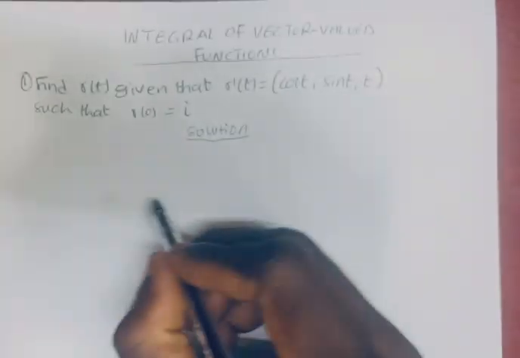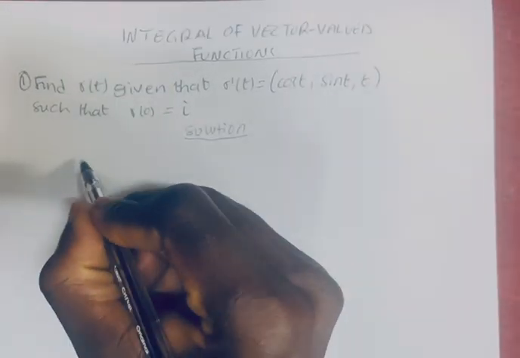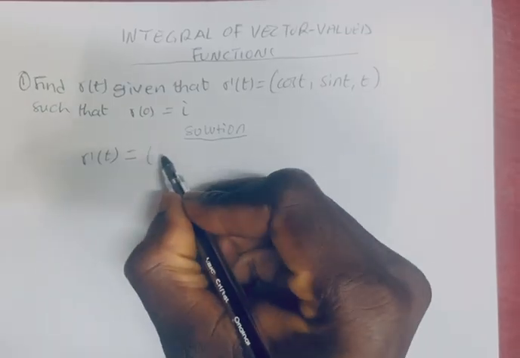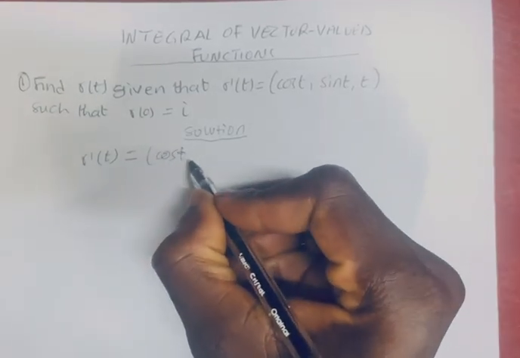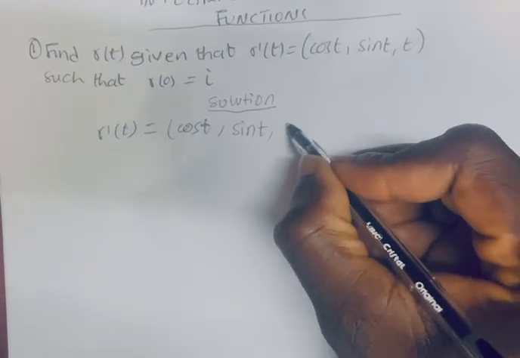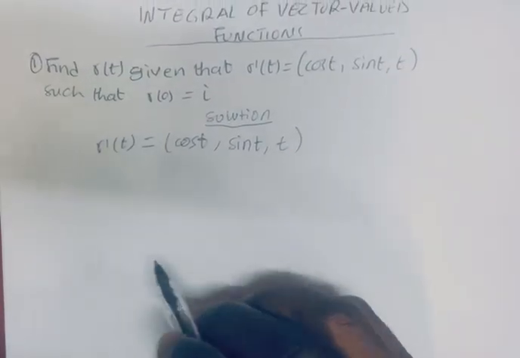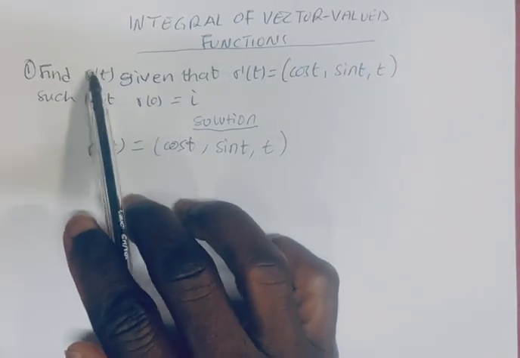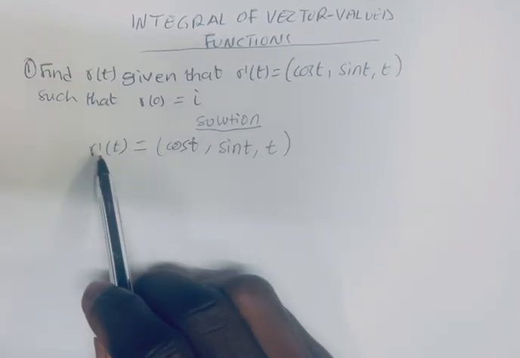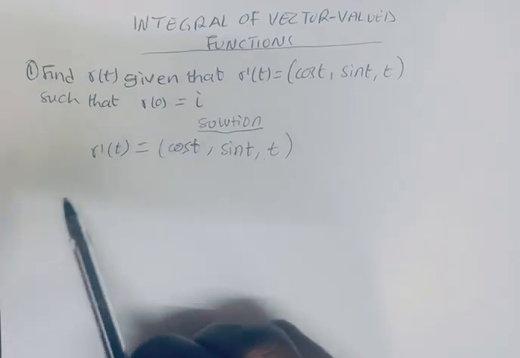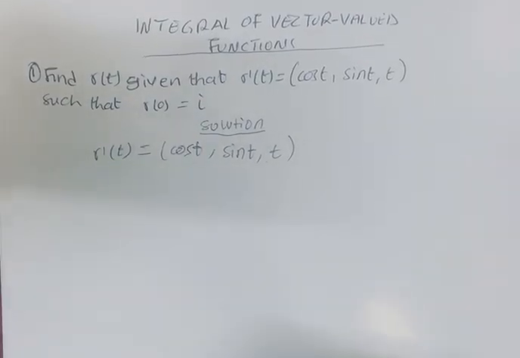Now we have to rewrite the question, which is r prime of t equal to cos t, comma sin t, comma t. Our main goal here is to get r of t, and this is in its first derivative. So to do away with this derivative, we have to take the antiderivative of that.